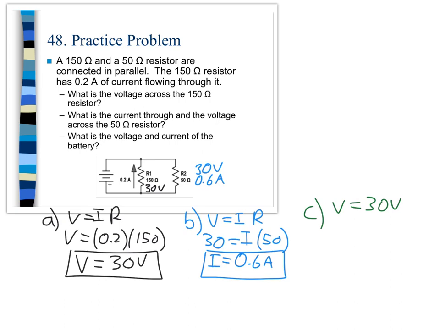Because each of these is 30 volts, the battery must also be 30 volts. To get the current, we're just going to add up the current through each one. We have 0.2 amps flowing through this resistor and 0.6 amps flowing through this resistor. Those two come together at this junction right here. So the current is 0.2 plus 0.6, which gives us a current of 0.8 amps.